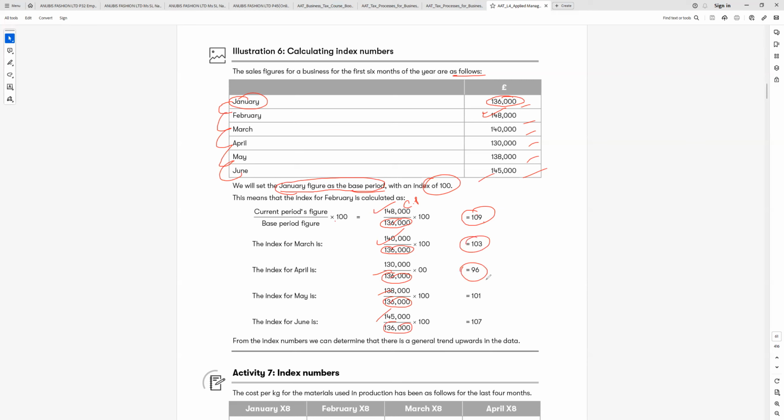Then it is increasing from 96, going up to 101 and 107. So from the index numbers we can determine that there is a general trend upward in the data. After April it is going up, from 96 to 101 and 107. So it could be up or down, it depends, but that's how we're going to calculate the index number.